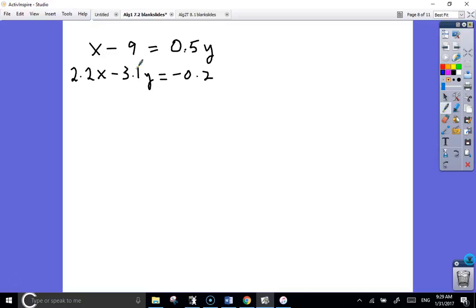It's tenths. So what could I multiply by that would move the decimal place over 1? 10. So a lot of times, in order to get rid of the decimals, you could just deal with whole numbers or integers. What you would do is multiply by whatever it takes to move the decimal place over. It could be different for both equations, but in this case it looks like it's 10. Okay, what is this first equation going to look like if I multiply by 10?